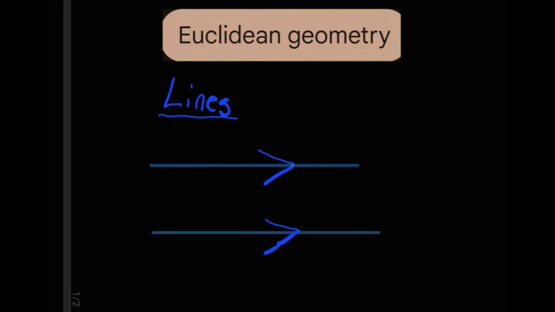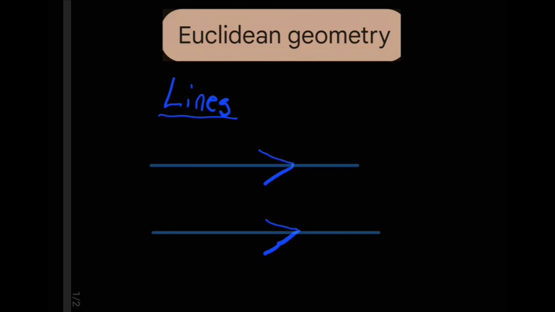Something like this. These are lines that are going in the same direction at the same time. Parallel lines are not the same as equal lines, which we're going to talk about. Parallel lines are going in the same direction at the same time.